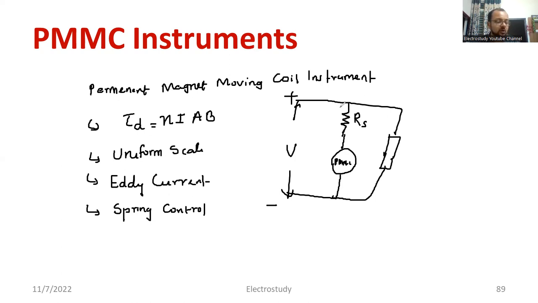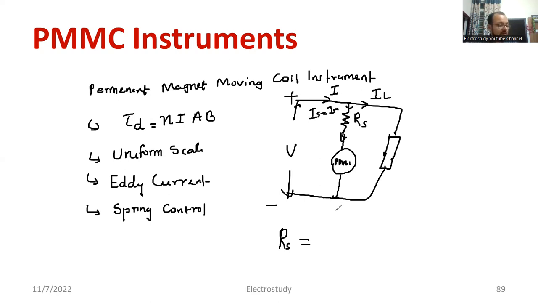So this is your total current, I. Then the current is getting divided. One is IL. Then this is your IS, or you can call it IM, because RS and PMMC are connected in series, so the same current flows in the circuit. Now, how to calculate the additional resistance RS with which you can convert PMMC into voltmeter?